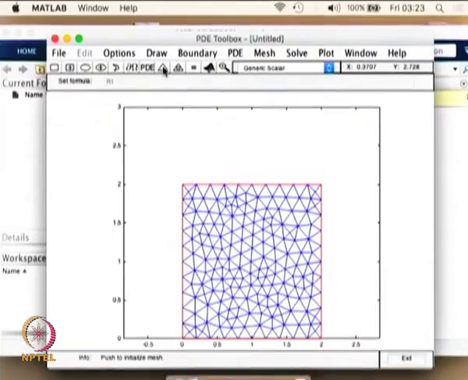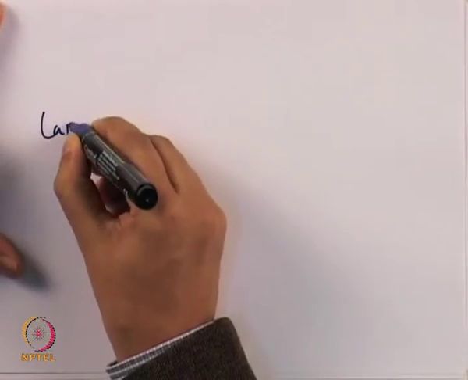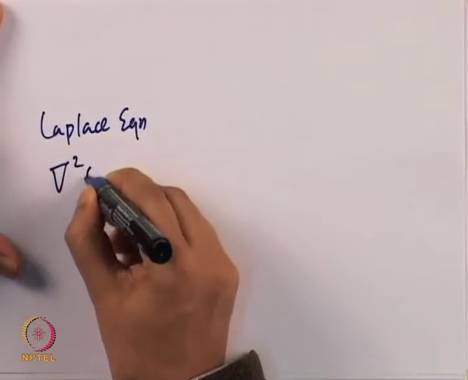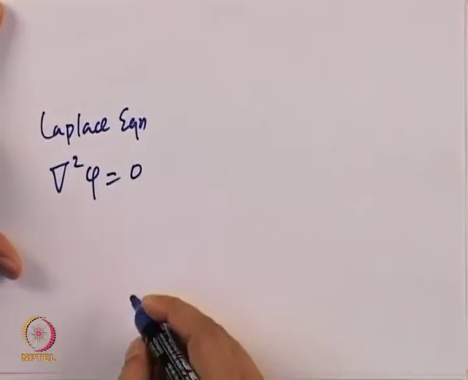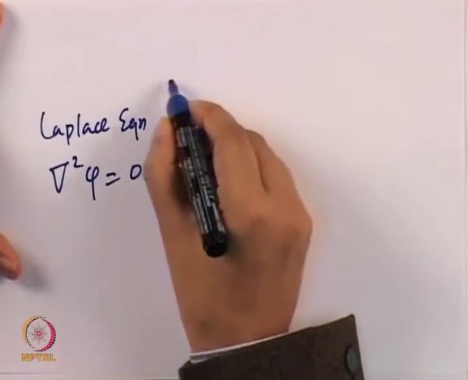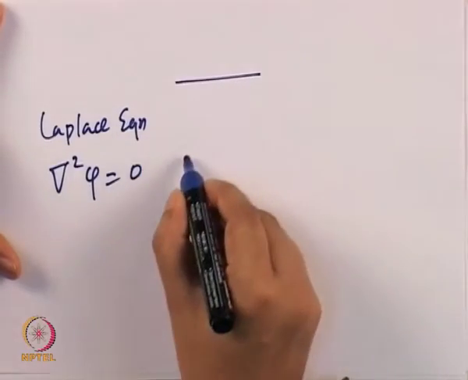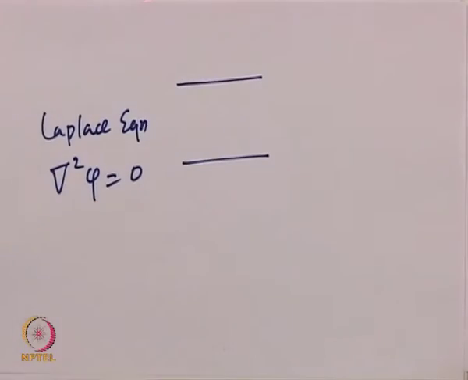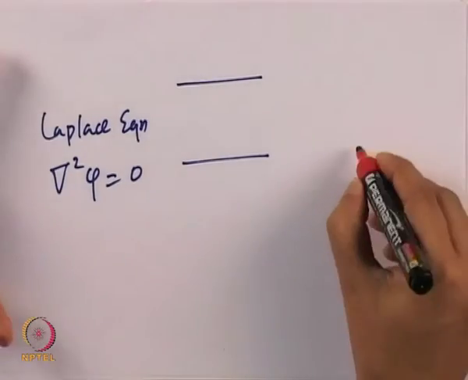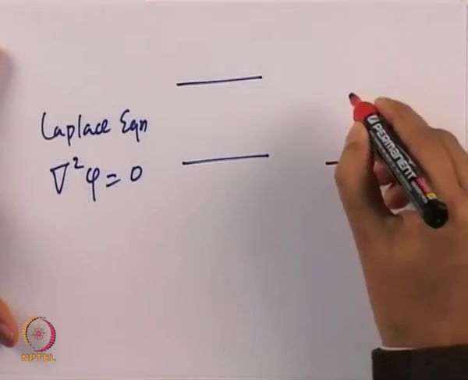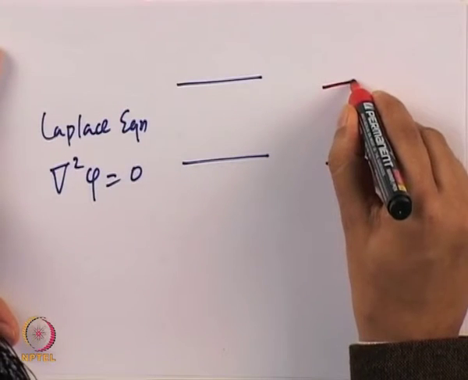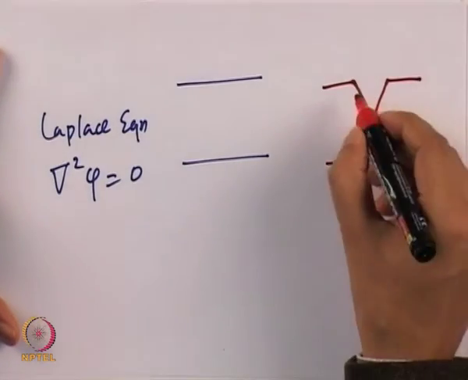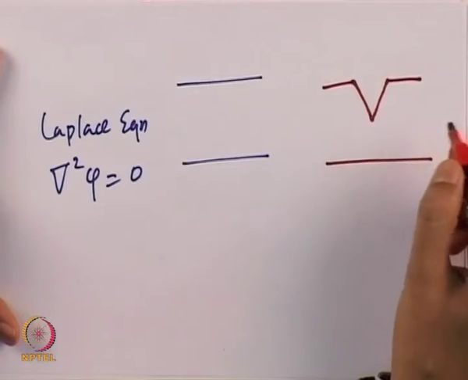We are going to again start with the Laplace equation. Now instead of a parallel plate like in the case before, we are going to use a different kind of capacitor. It is not a parallel plate capacitor; it is going to have a conical dip.